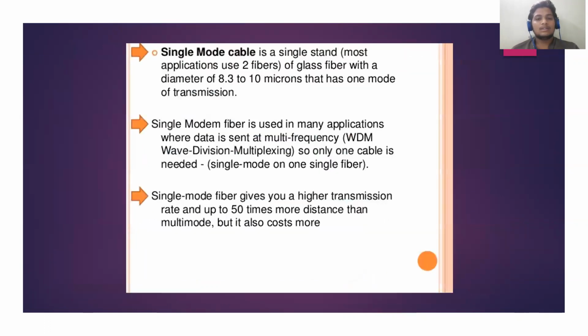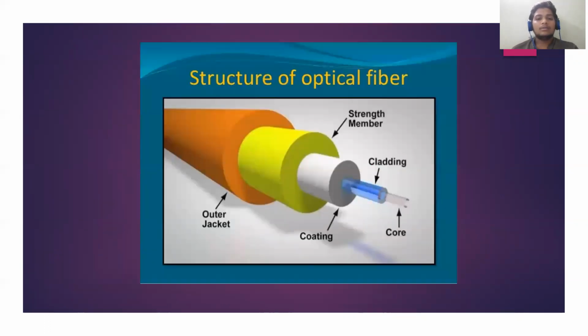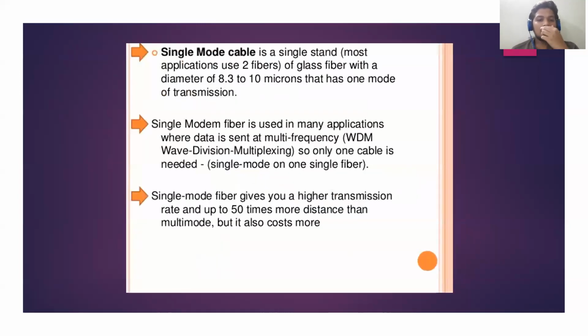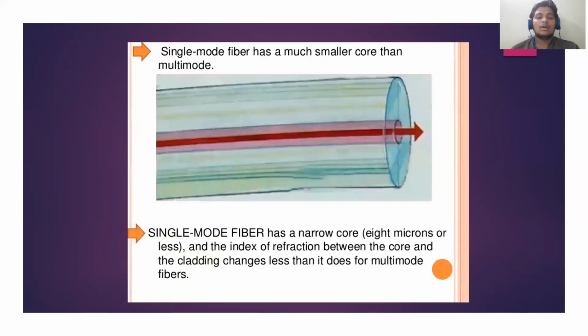As you can see in the diagram, we have so many parts: outer jacket, coating, core, cladding, strength member. And single mode fiber gives you a higher transmission rate and up to 50 times more distance than the multi mode, but it also costs more.